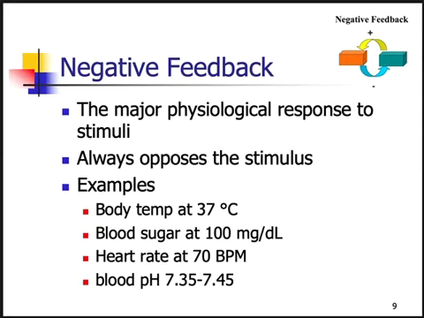So 7.35 to 7.45 is the allowed range, the normal range of blood pH. And we have systems that we will be studying that control to make sure that you don't go above or below this. And then if you do, we have an emergency response to correct that.